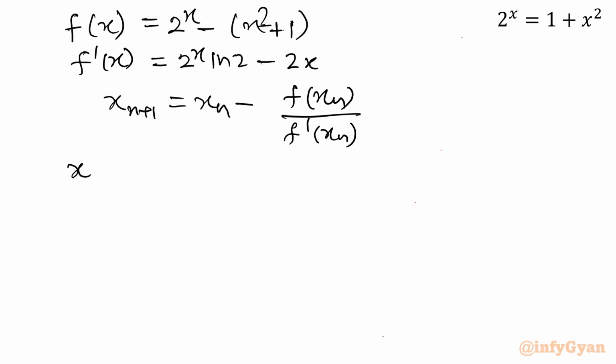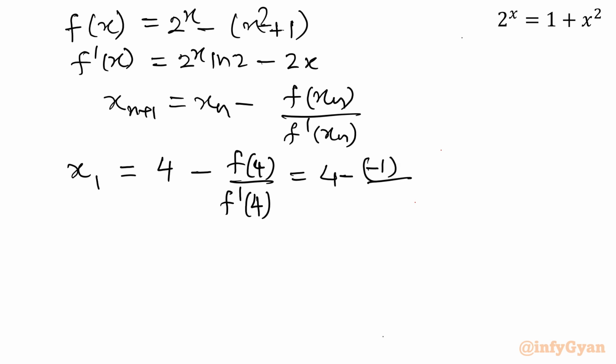Let's consider the first value with base 4, because the root is in between 4 and 5. So 4 minus f(4) over f dash(4): 4 minus negative 1 over 16 ln 2 minus 8, you can put in the values and check.